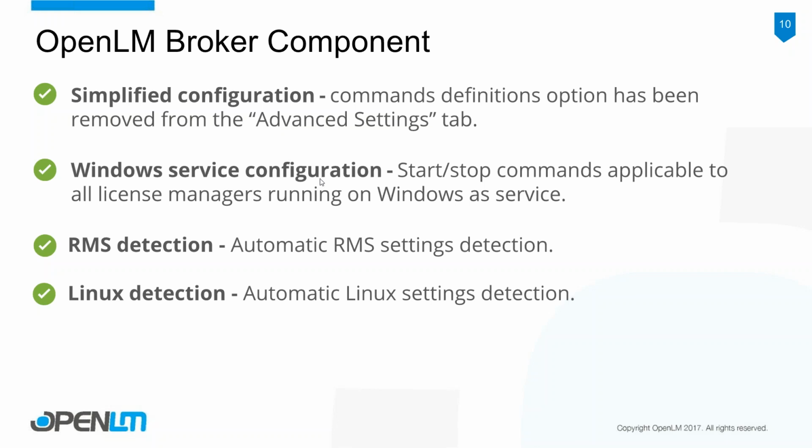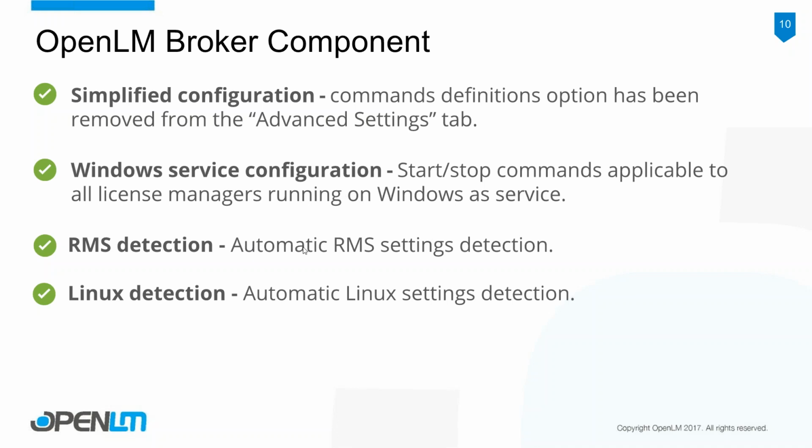Now, the OpenLM broker can stop or start license managers which are running on Windows as a server. That is, all license managers which are running on Windows as a server. The RMS license manager detection for the broker component was greatly enhanced, and now the detection can be done automatically.